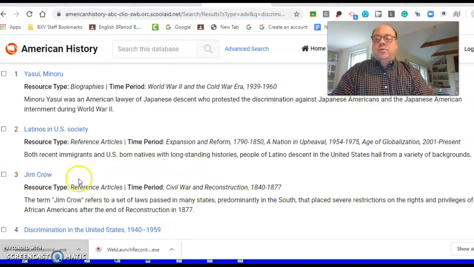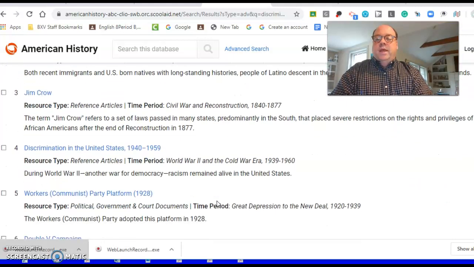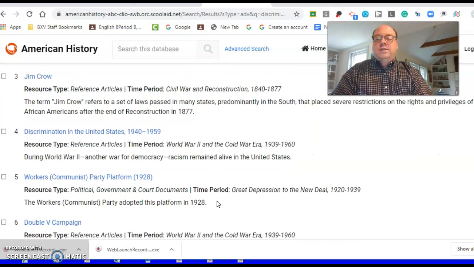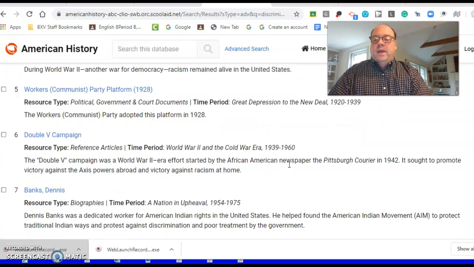There's Jim Crow laws in the South that were discriminatory, obviously during the Civil War and the antebellum period. And then we have discrimination from the 1940s, which talks about after World War II and the Cold War. It talks about different kinds of discrimination during World War II. Then there are other types that you can look at.